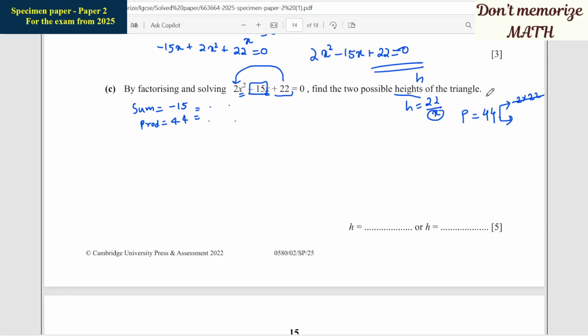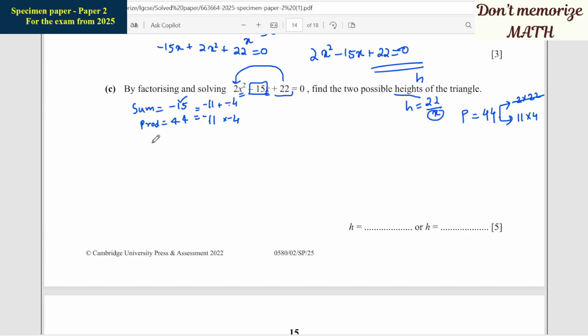How will we get 44? The other option is 11 times 4. So 11 times 4 is 44. And can we get minus 15? Yes, if you have a negative sign for both, you will get negative 11 plus negative 4 is negative 15, and negative 11 times negative 4 is plus 44. So we are going to split this middle term.